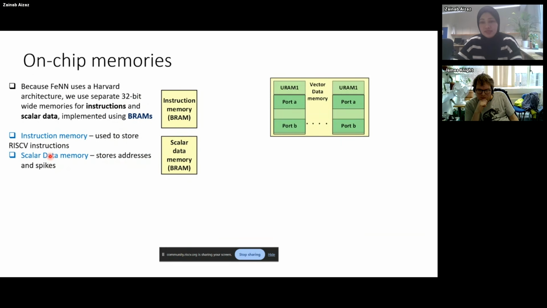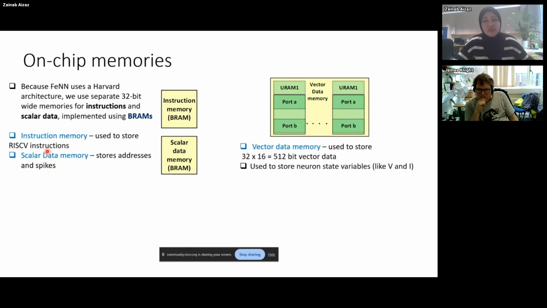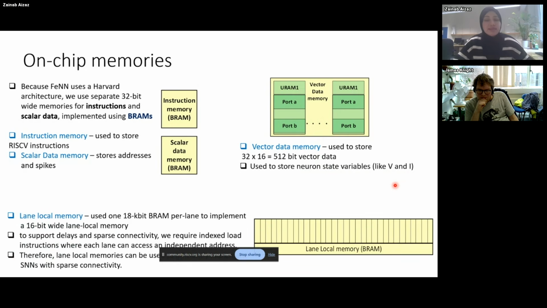Also, the vector data memory is entirely built using URAMs. URAMs are wider memories having 72 bits of width. URAMs are used to store neuron state variables like voltage and current in spiking neural networks. We have finally the lane local memory.